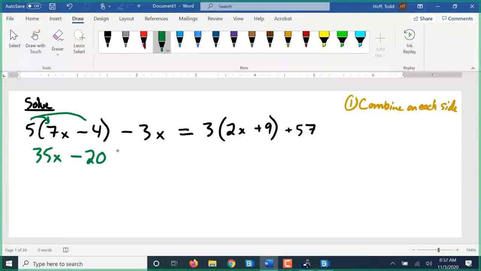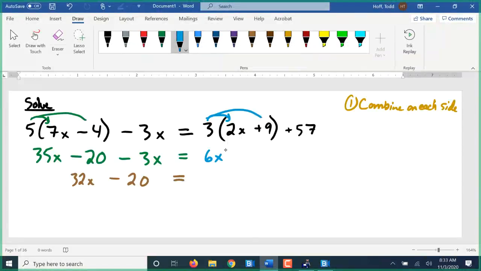We still have the parentheses on the right side, so we'll multiply by the 3. 3 times 2x is 6x. 3 times 9 is 27, so positive 27.